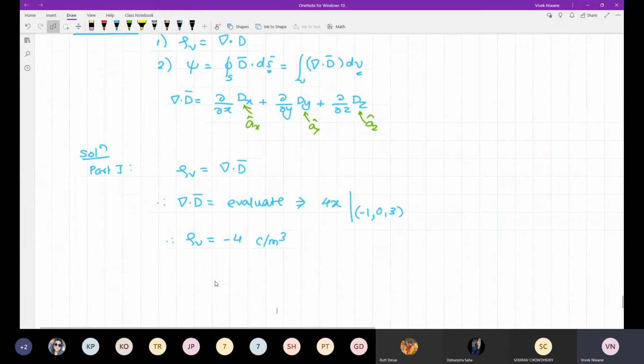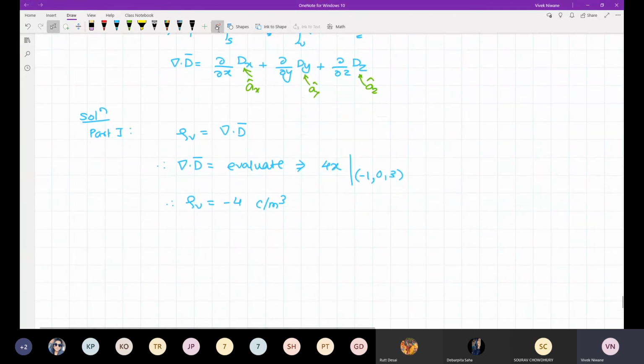Then part 2. We will have psi, the amount of flux, is equal to del dot d bar integrated over the volume. What is the value of del dot d bar? 4x.